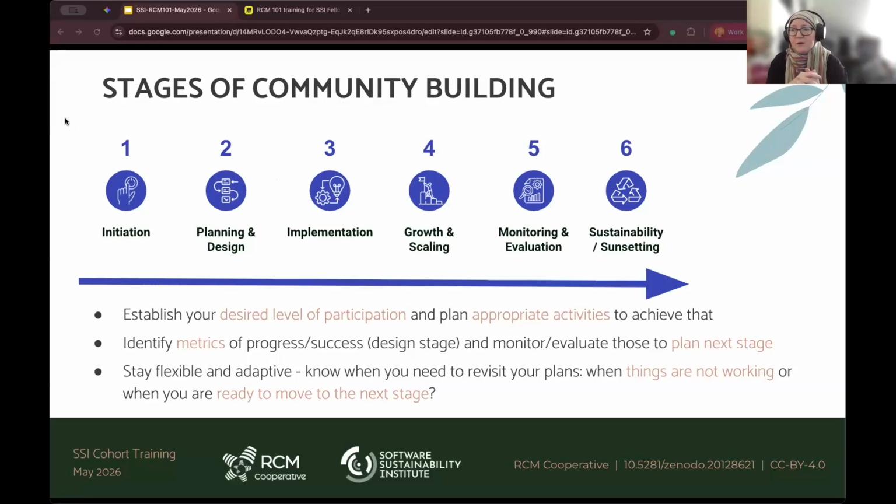You should also think about identifying some sort of metrics, so success criteria at the design stage, so at the beginning, maybe that second stage, and then monitoring that as you're going along, so you can come back and refine your activities. It's also important to be flexible and adaptive to change, using community information and those metrics again, and revisiting your plans and thinking how you can make them better.